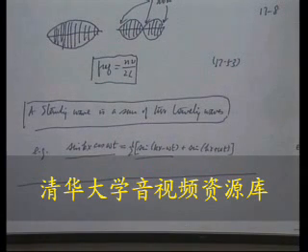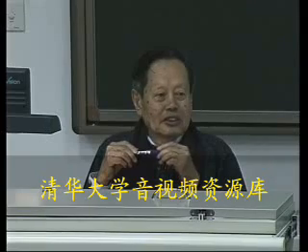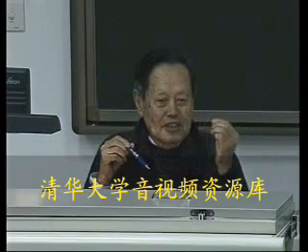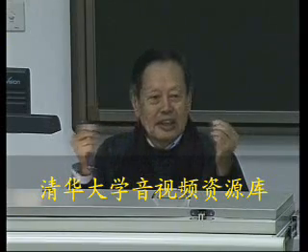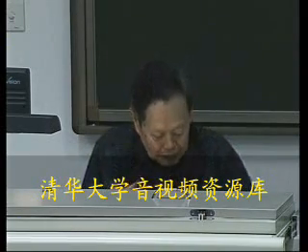But what we discussed is a case where the boundary condition is that y is equal to 0 on this end and y is equal to 0 on this end. There are other boundary conditions.